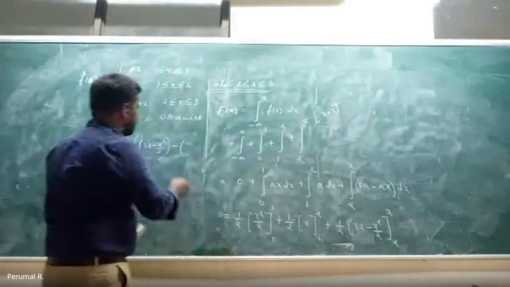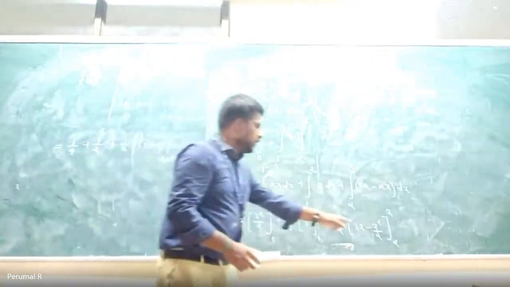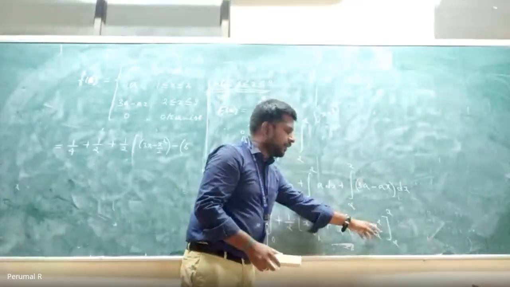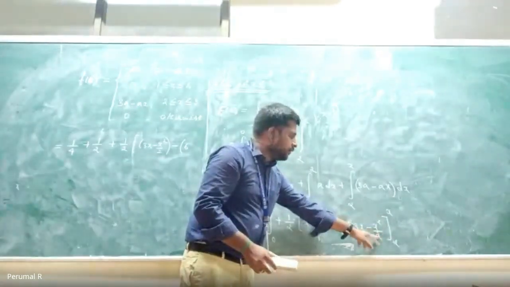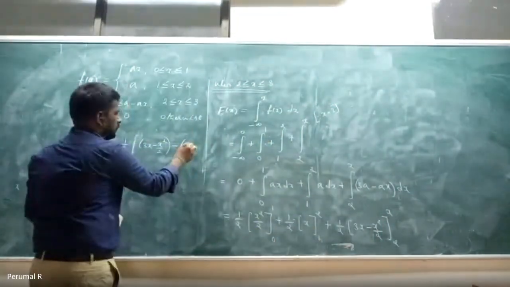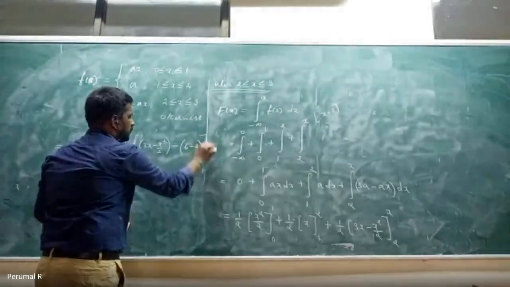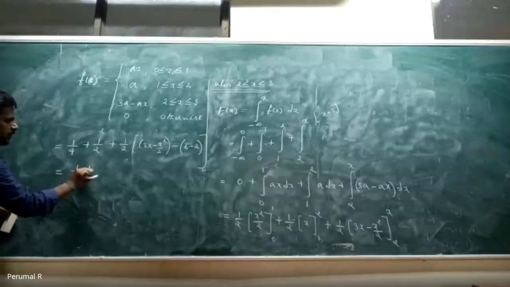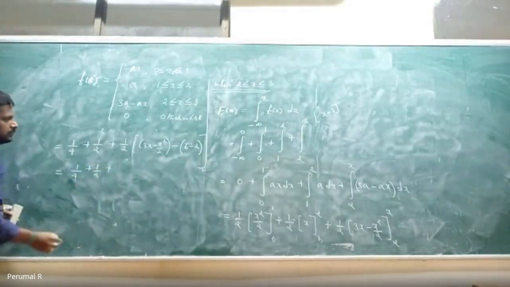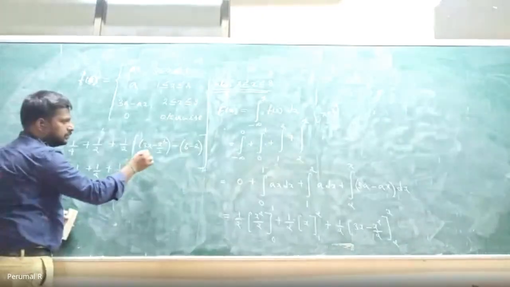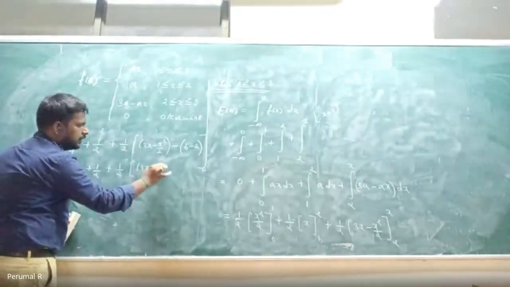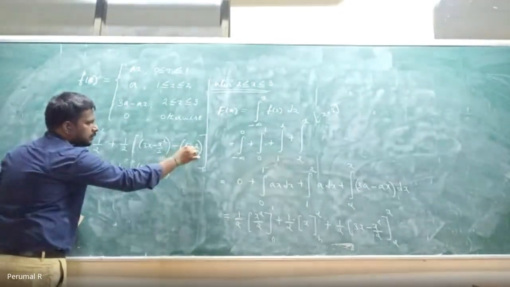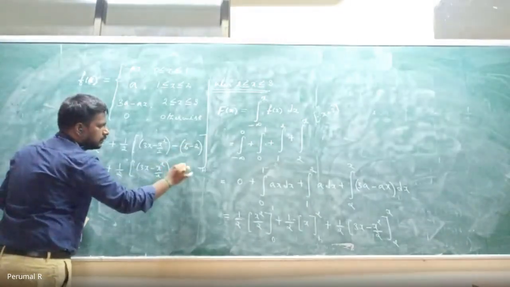So 6 minus, 3 into 2 is 6, and x squared becomes 4 by 2, that becomes 2. So x minus 2. Now you can simplify that one. So 1 by 4, 1 by 2, you can write: 1 by 2, 3x minus x squared by 2, then 6 minus 2, that becomes minus 4.